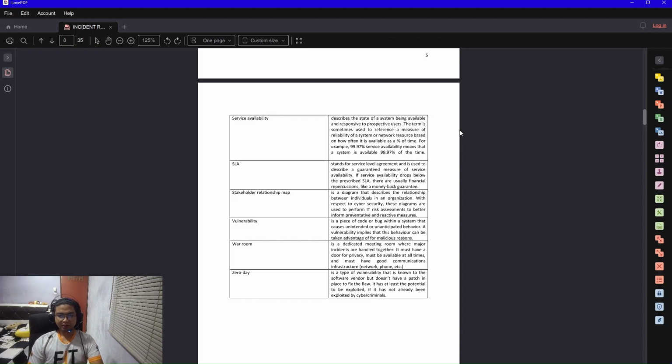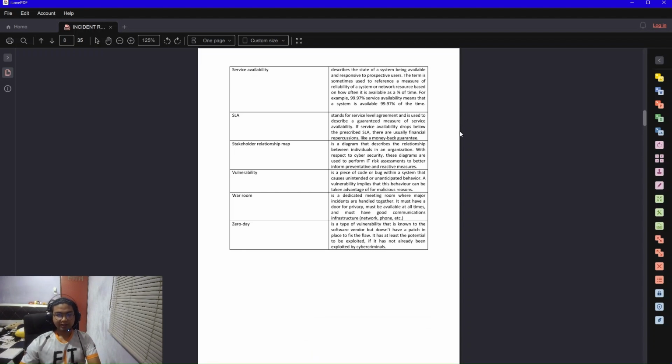An SLA, or service level agreement, is an agreement with quantitative and qualitative terms. Usually, if the terms are not met, the vendor needs to pay the penalty. The stakeholder relationship map is a diagram that describes the relationship between individuals in an organization.